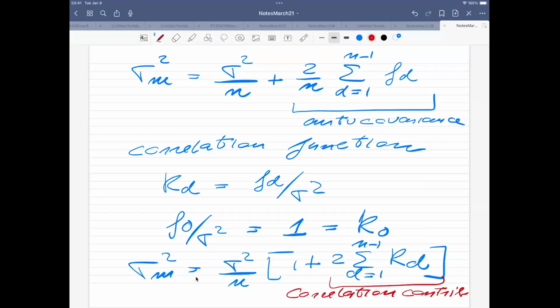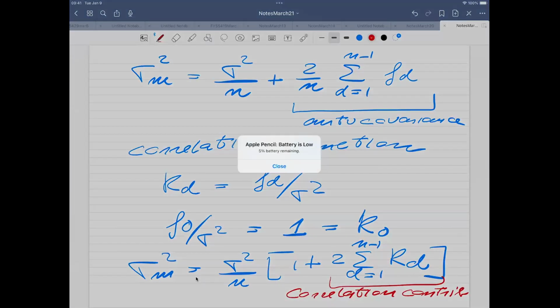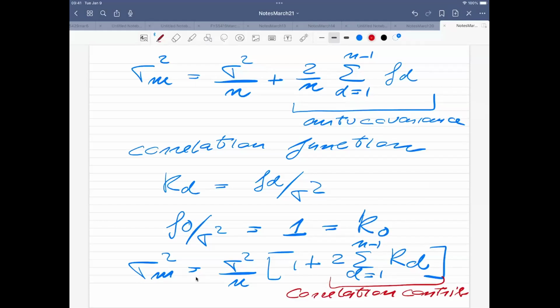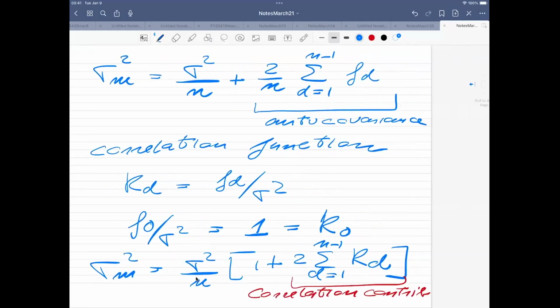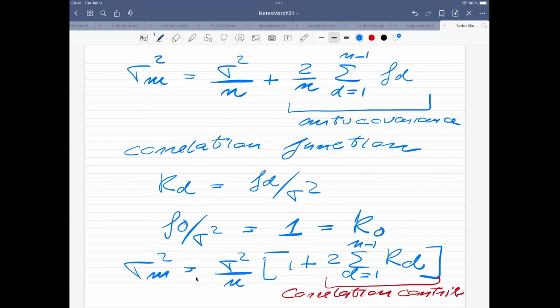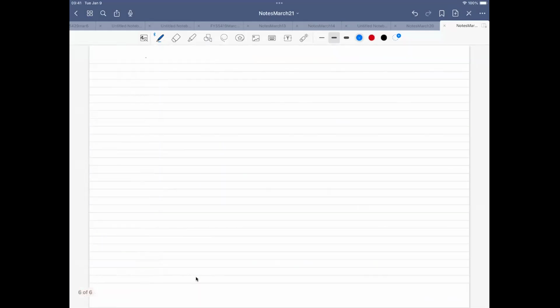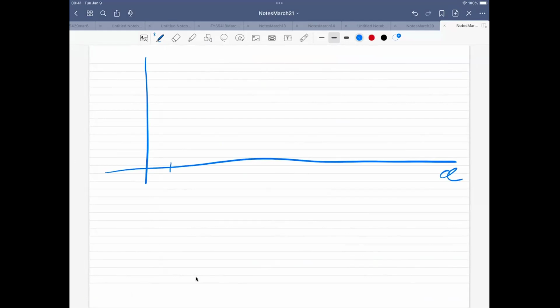So if you look at this function k of d, oops, I need to charge my pen during the break here. Okay. So if you look at this function k of d here, if we make a plot of it, what you would see then is something like this. So we plot d, 1, 2, 3, etc. And then you have 1 here.